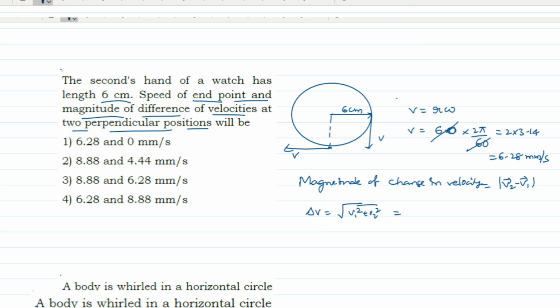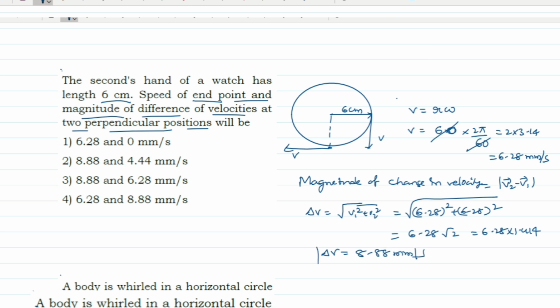Both magnitudes are the same, so we get root 2 v, or else 6.28 whole square plus 6.28 whole square, which is 6.28 into root 2. Taking root 2 as 1.414, delta v is nearly 8.88 millimeter per second. So the answer is 6.28 and 8.88 millimeter per second.